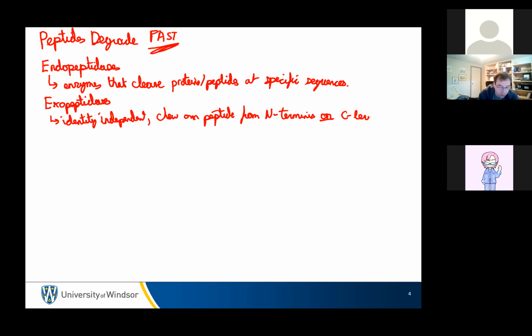There are N-terminal exopeptidases and there are C-terminal exopeptidases. And either way, we chew away from one way or the other. So you take your drug, you spend a lot of money, a lot of effort to make this damn thing. You inject it into somebody, and some stupid exopeptidase starts chewing away on your drug when it's in the bloodstream, and your drug never actually gets to the site of action, and everything kind of fails.